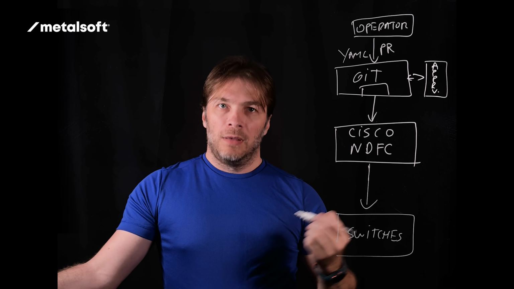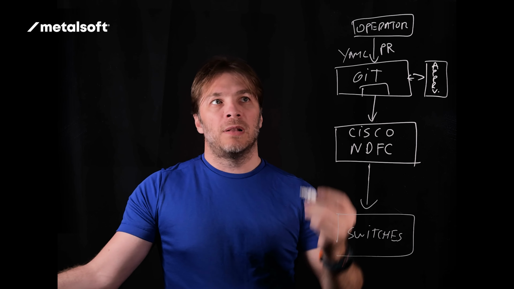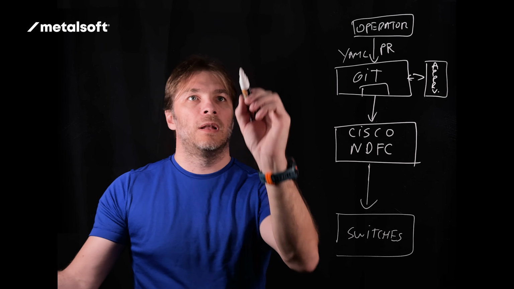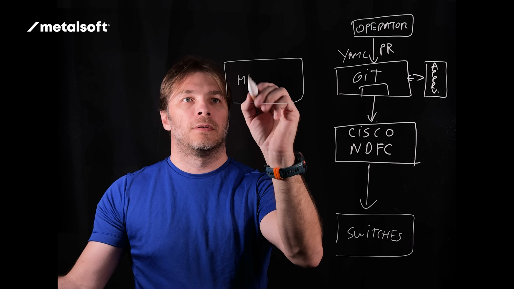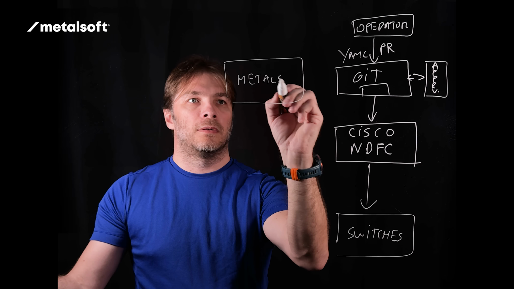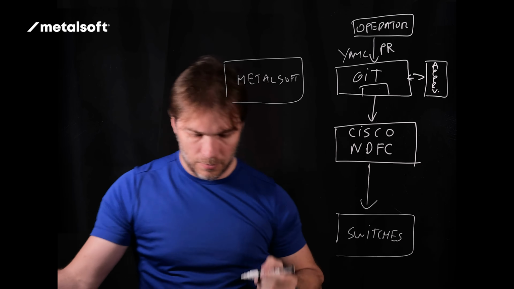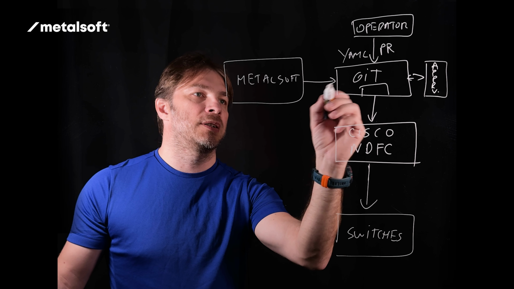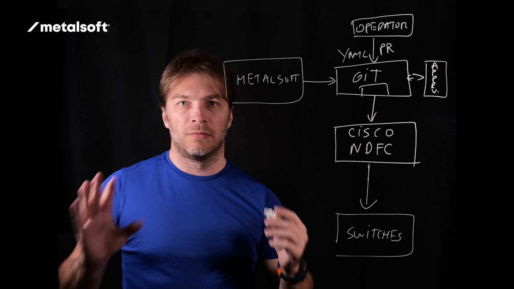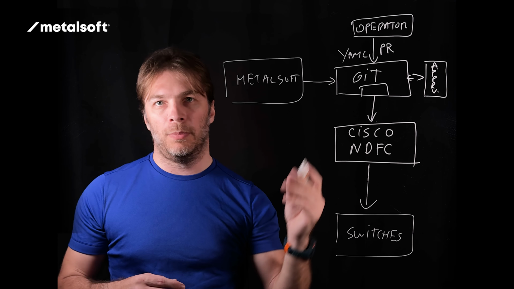Right. Now, if the organization wants to use MetalSoft, and I'm going to represent MetalSoft here, MetalSoft will execute all write operations to Git in a manner that's almost identical to what a human operator would do.